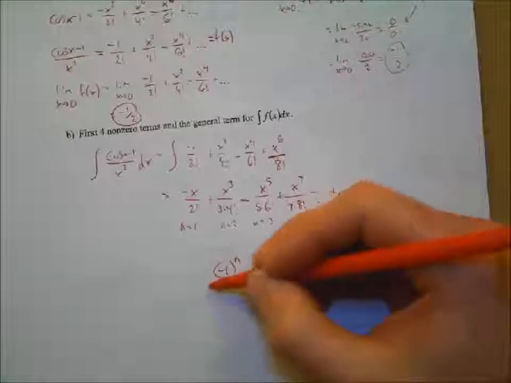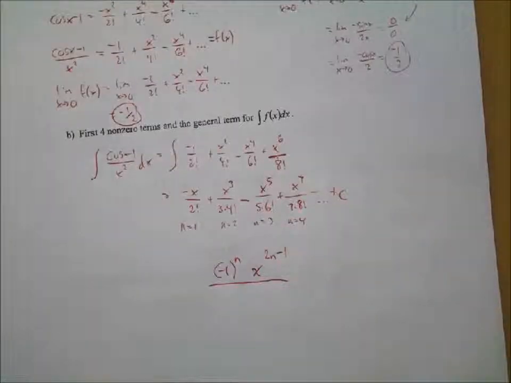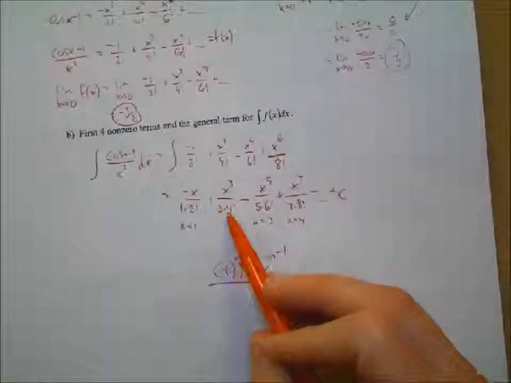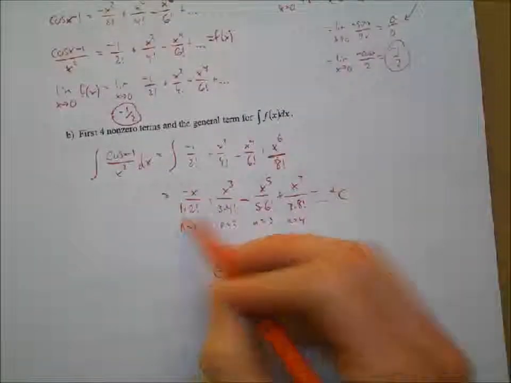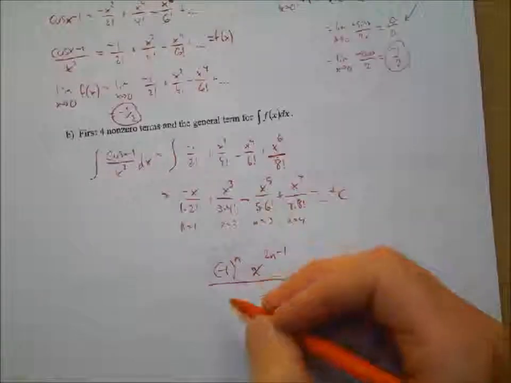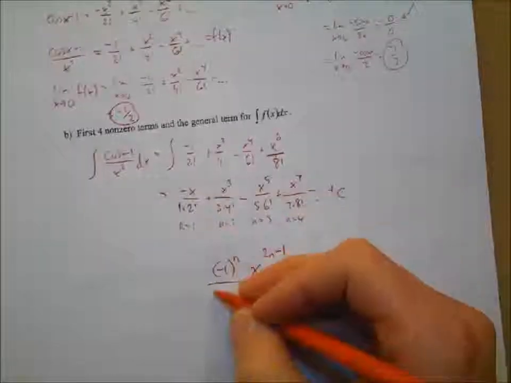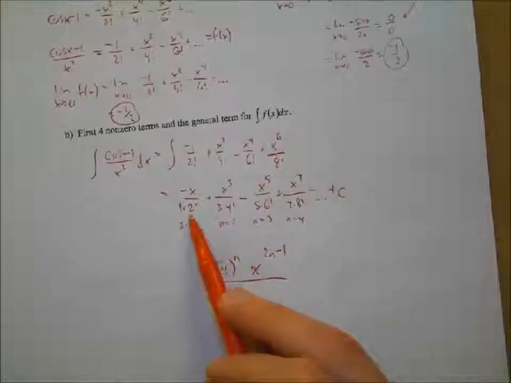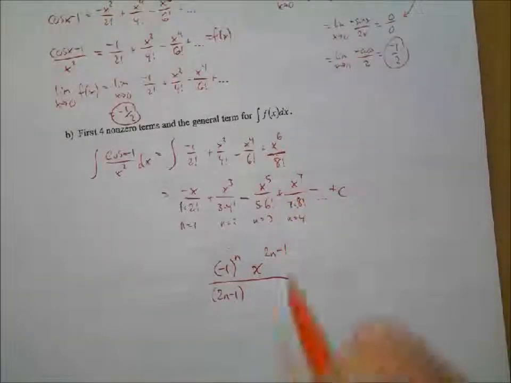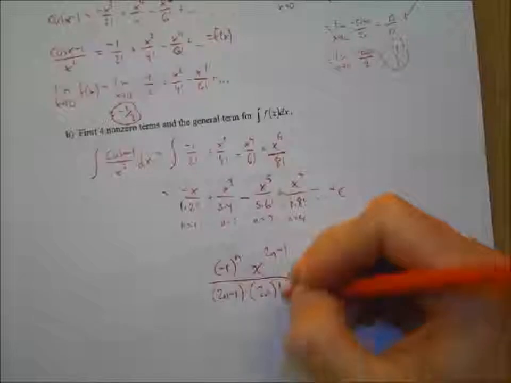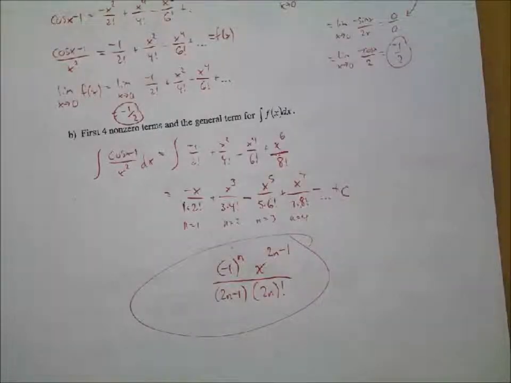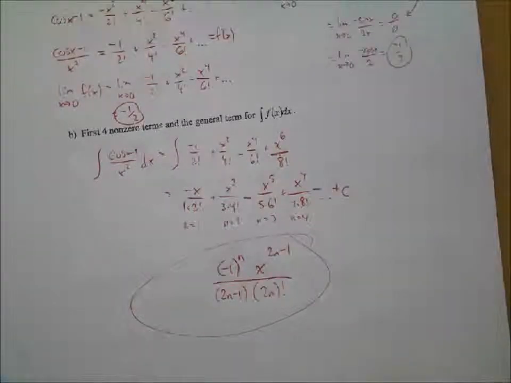Now, the denominator started with 1 times 2 factorial, 3 times 4 factorial, 5 times, so it's 1, 3, 5, 7, the same as the degree. So it's going to be another 2n minus 1 in front. And then my factorials go 2, 4, 6, 8, so 2n quantity factorial. And there's our general term right there. Okay, we made it. Good times.